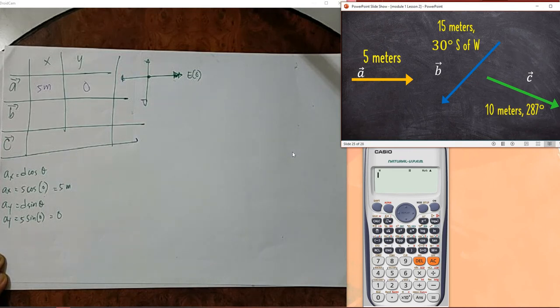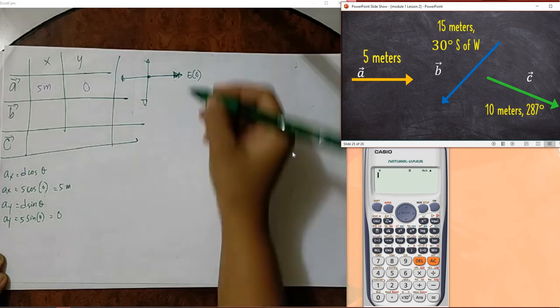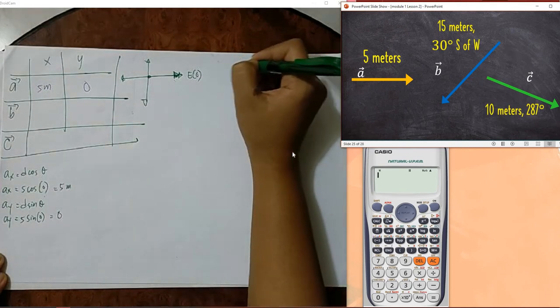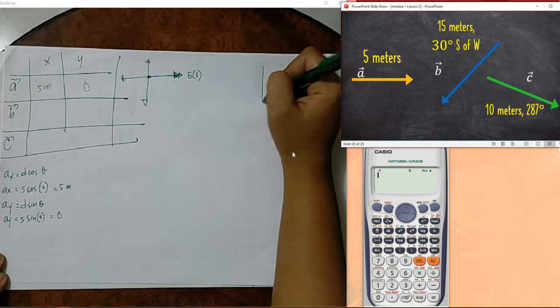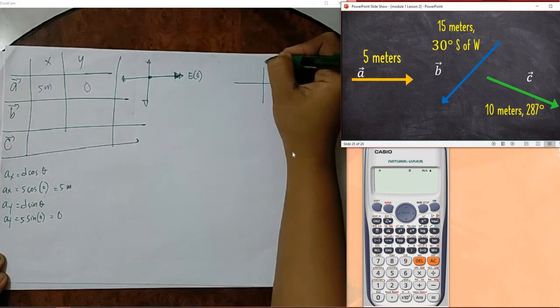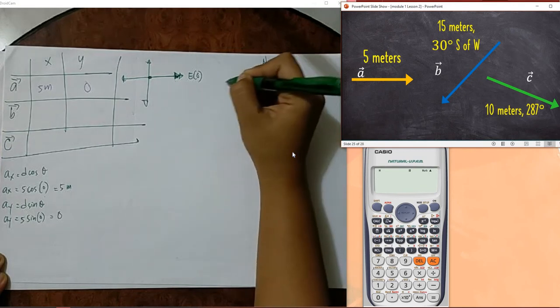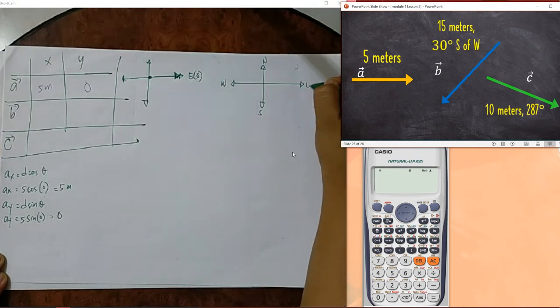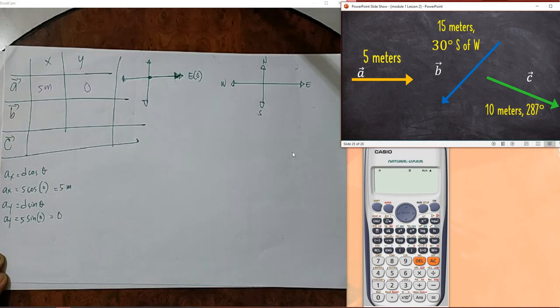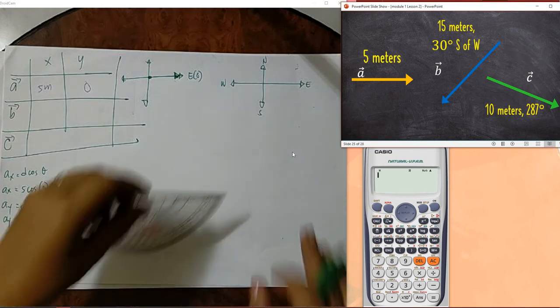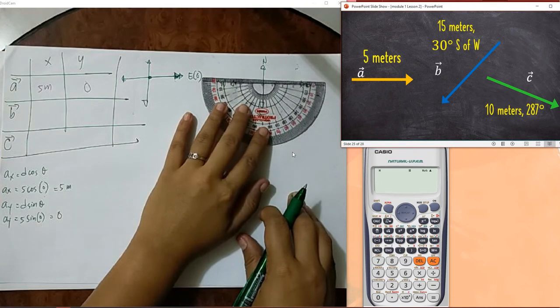So, si vector B, paano ba siya natin ilalagay sa ating Cartesian plane? So, this is for the vector B. Eto si vector B. So, we have north, south, west, tsaka east. So, according to our given, that is 30 degrees south of west. So, gagamitin ko dito yung aking protractor para i-measure yung 30 degrees.